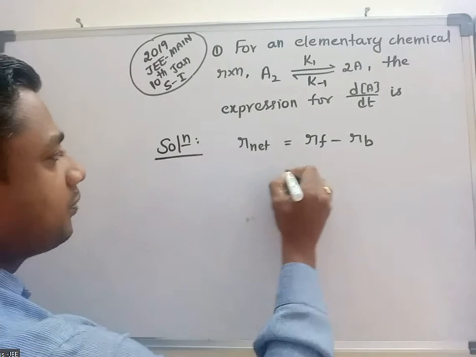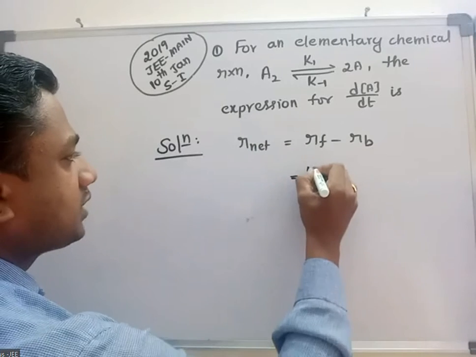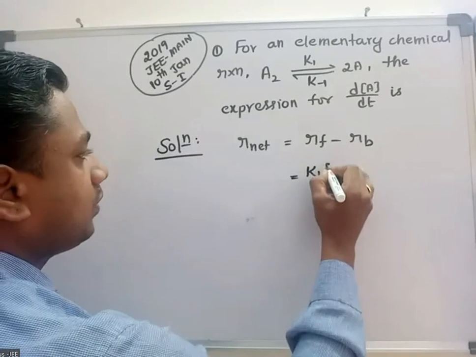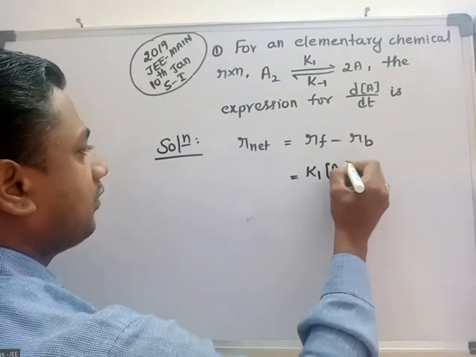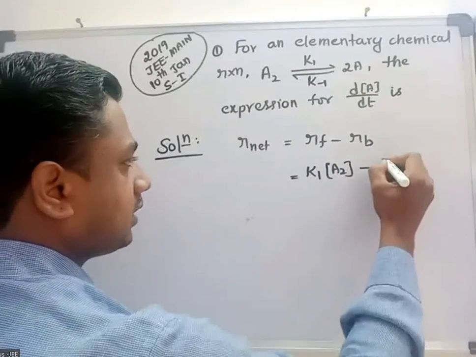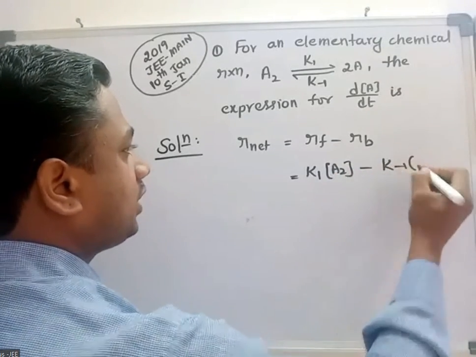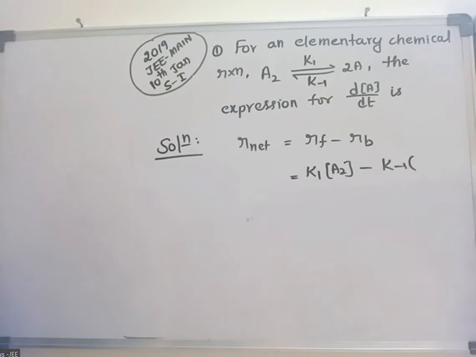Rate is directly proportional to concentration of reactants: K1 into concentration of A2 minus K minus 1 into concentration of A whole square.